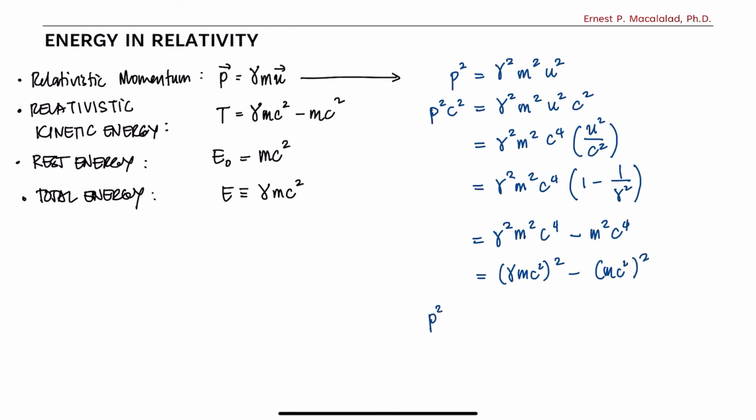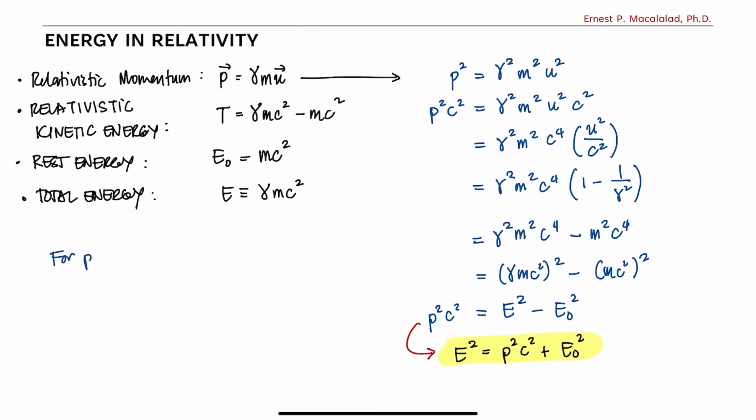Hence, p squared c squared is now equal to E squared minus E naught squared, where E is the total energy of the system and E naught is the rest energy. Rearranging this, we have E squared equals p squared c squared plus E naught squared. This equation is the relationship between the total energy E, momentum p, and rest energy E naught.